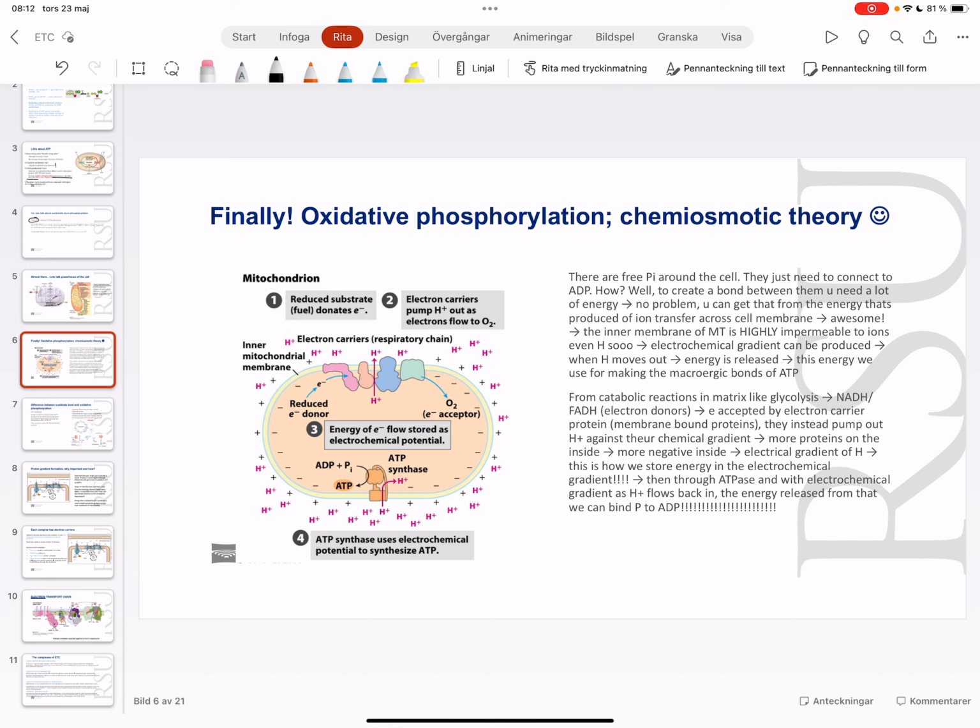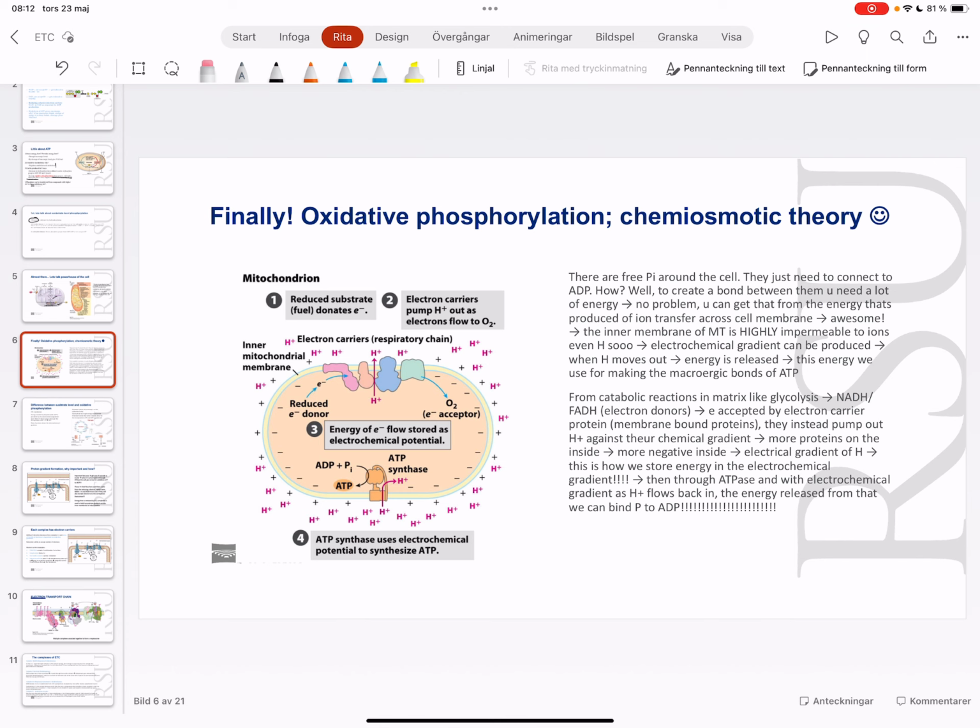This energy that is released will carry hydrogens that are in the matrix. It will pump these hydrogens out to the inner membrane space, and this will cause a concentration.